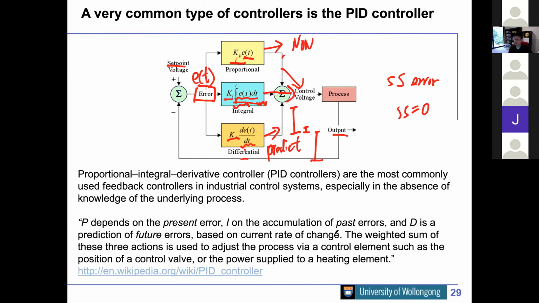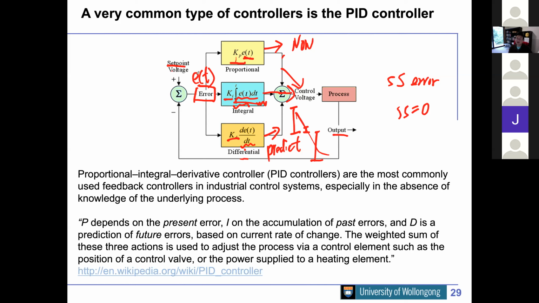Even at the moment there's no error, because the trend of the change is too much, I can predict that in the future it is going to go negative. So for that reason, I'm going to punish the system now to avoid it being over-compensated by the P and I. So KD is kind of like magic, predicting what's going to happen in the future.